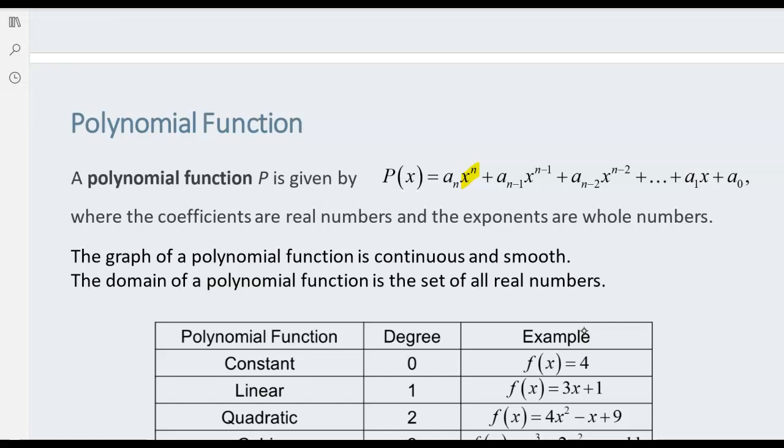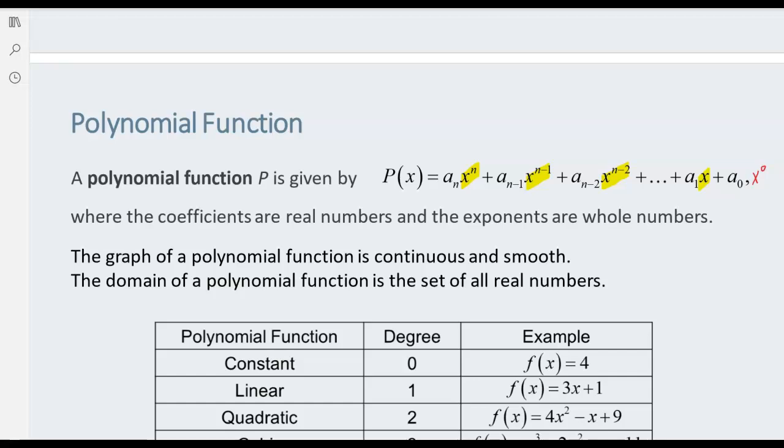And then the next term would be x to the n minus 1 power, meaning that the degree of that variable has been reduced by 1, and so forth, going down to x to the first power. And then our last term doesn't have a variable at all, but we could think of that as though we have x to the 0 power. Anything raised to the 0 power is 1, so we don't typically write the variable with that last term. That last term is a constant, right?